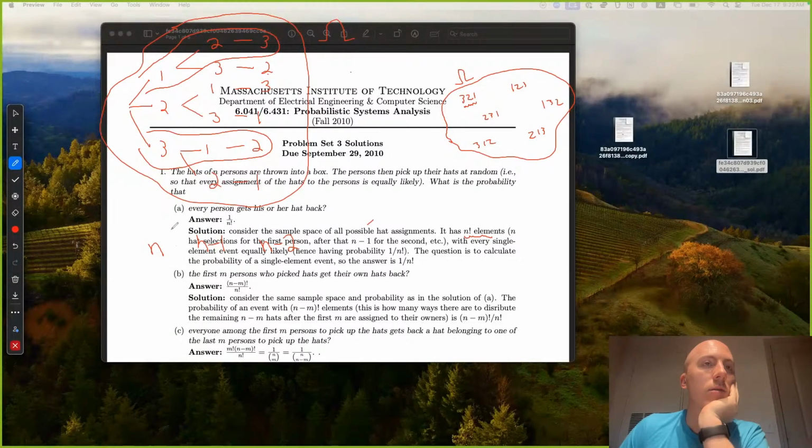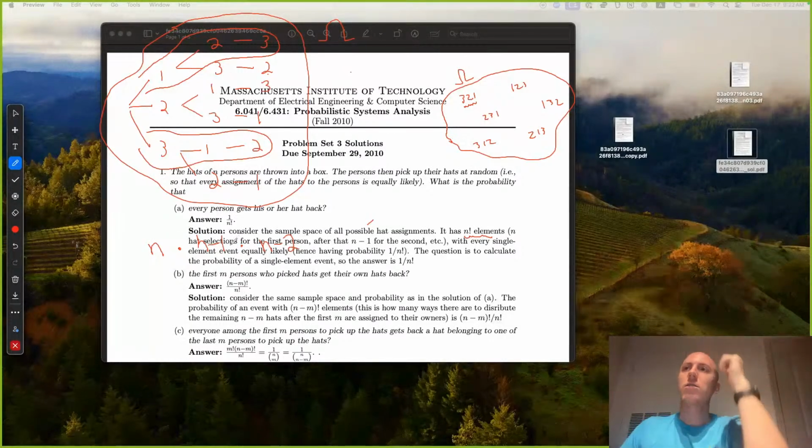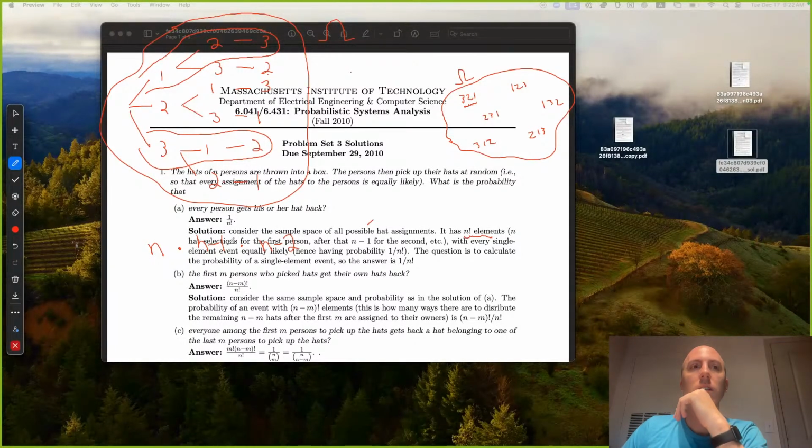To build out this tree implicitly in math, you have n nodes, and then for each of those there's n minus 1, so you multiply that, and then you multiply this, and that gives you the full tree, and so that gives you the number of leaf nodes, and that's the number of elements that are in the sample space.